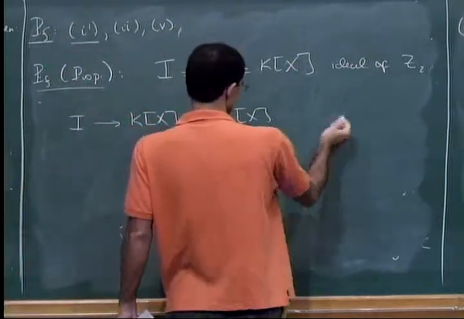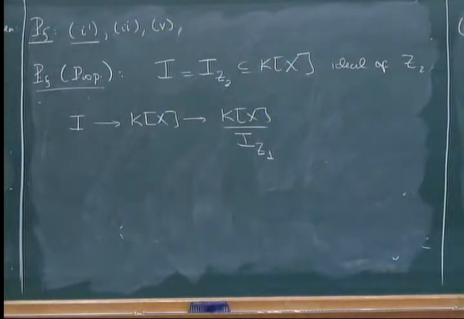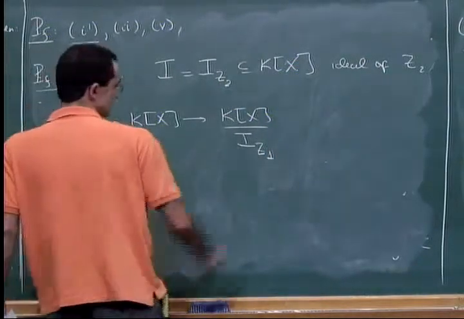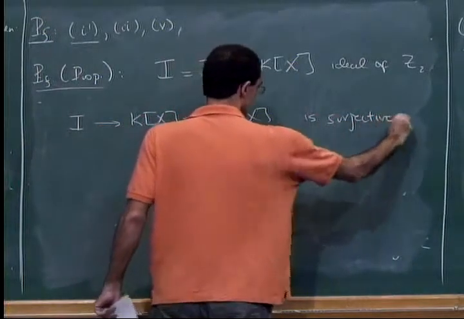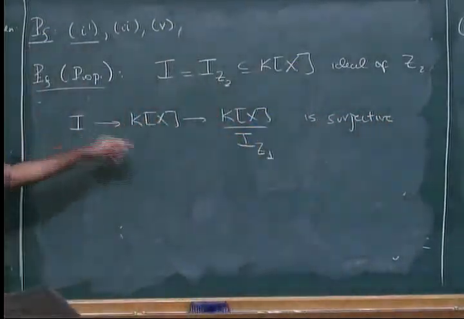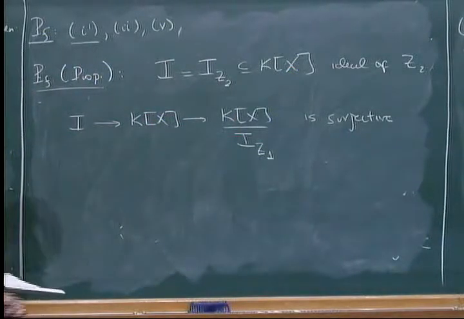Okay. So the same notation. And then this composition is surjective, because the sum of the two ideals must be the unit ideal, since they are disjoint.